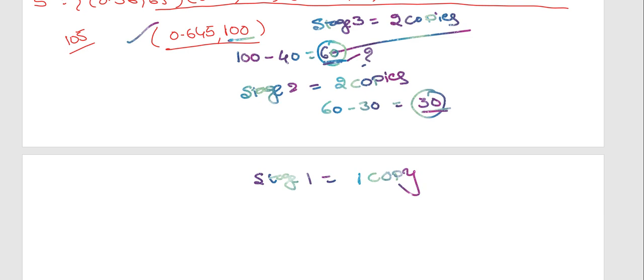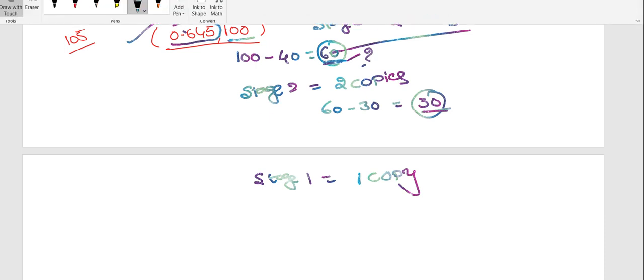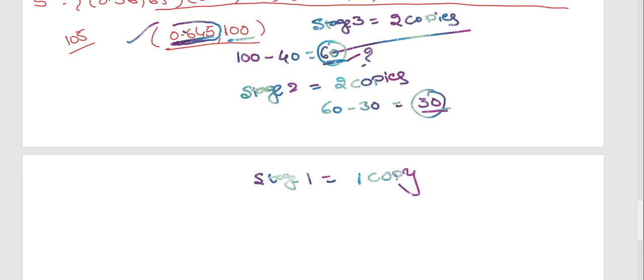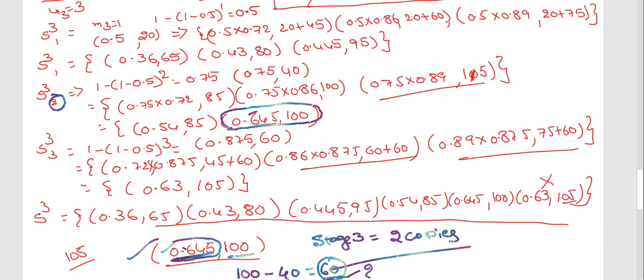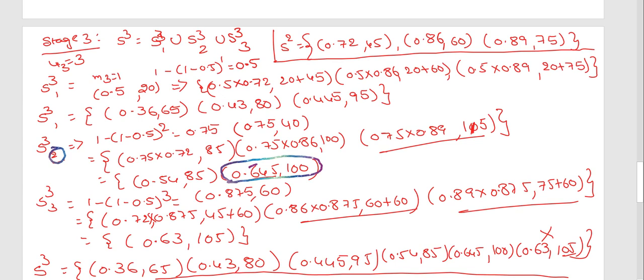Step by step, based on the cost we are moving in the backward direction, or we can move based on the reliability also. How? First, where is 0.645 present? Simply observe. See, 0.645 is present in this one. When does it appear? If we multiply 0.75 with 0.86, observe, 0.86 is from stage 2.